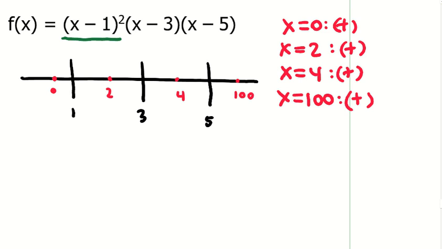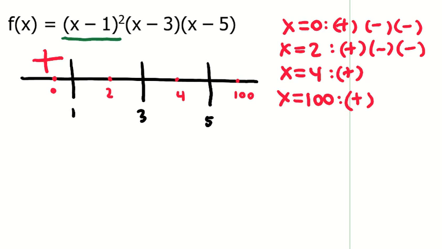All right. And then, okay, x equals 0. 0 minus 3, negative number. 0 minus 5, also a negative number. Okay, so two negatives, that's going to make positive. Okay, positive over here. x equals 2. Positive, 2 minus 3, negative number. 2 minus 5, also a negative number. So see how we didn't really have a change in any of the signs of the factors because of that squared thing.